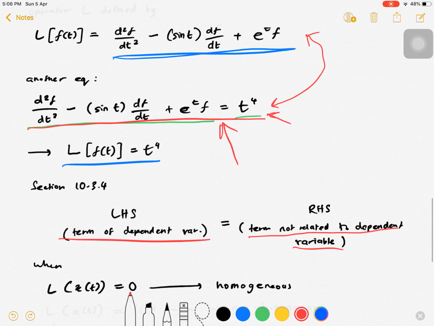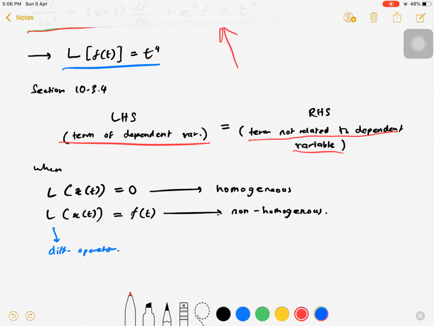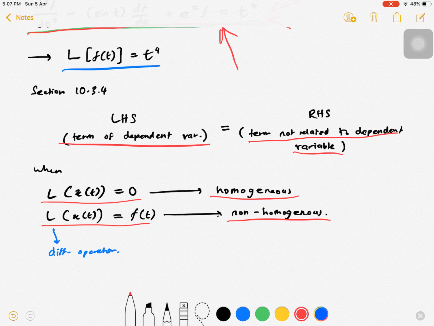So when we arrange like this, this is the standard arrangement, so we can know whether the equation is homogeneous or non-homogeneous. So again, this is a linear differential equation. A linear differential equation can be either homogeneous or non-homogeneous.